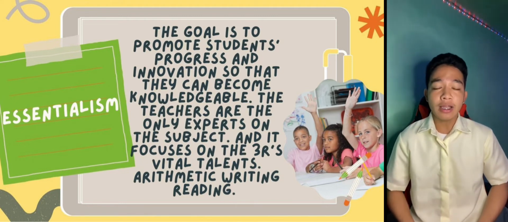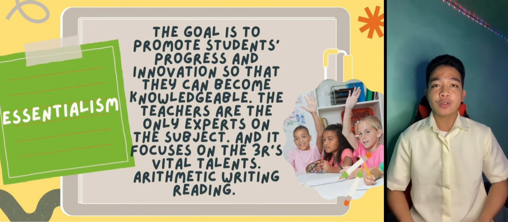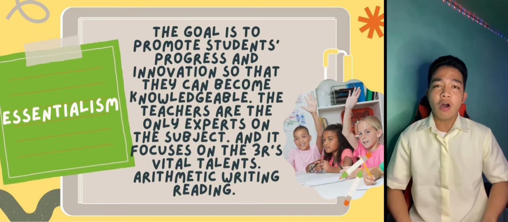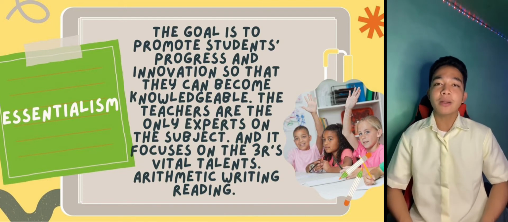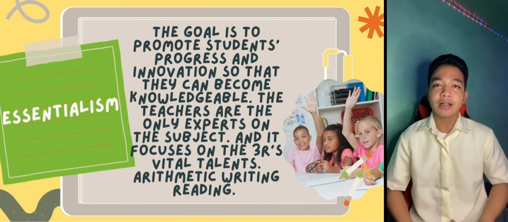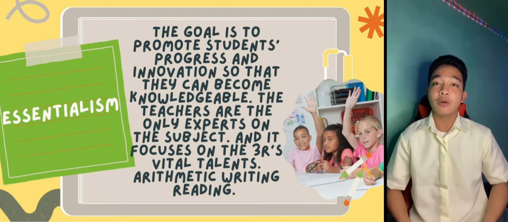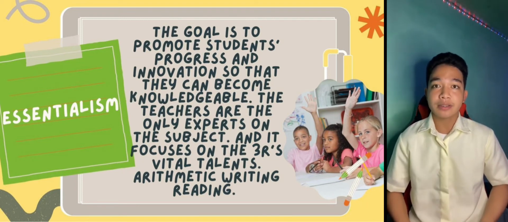So, ginagawa nila ito para malaman nila kung yung student ba is knowledgeable or yung student ba is marunong magbasa bago tumungtong sa senior high school. Kasi as of now, sobrang halaga po ng skills na yon na yung bata ay mag-high school ng marunong magbasa, marunong magsulat, and also marunong din siyang mag-solve ng math problems.